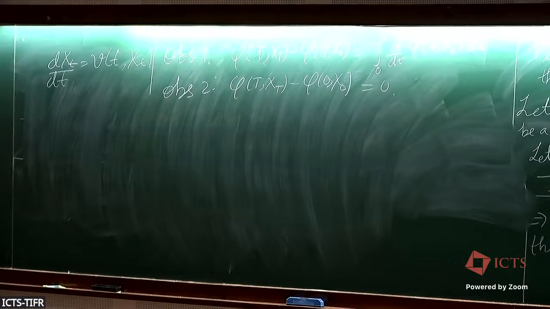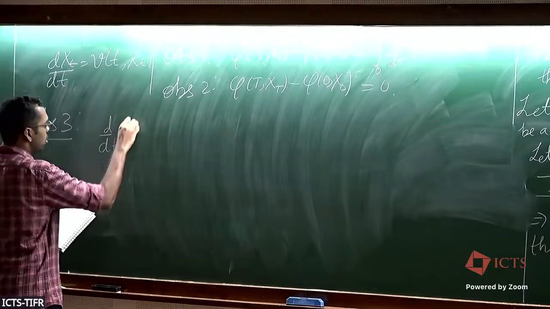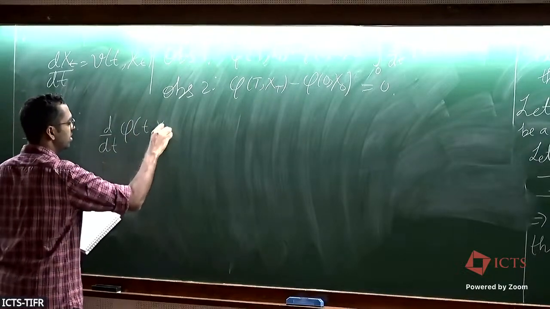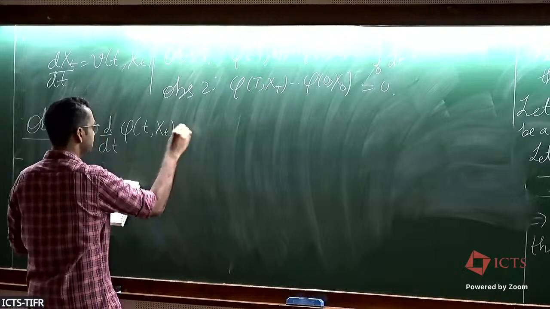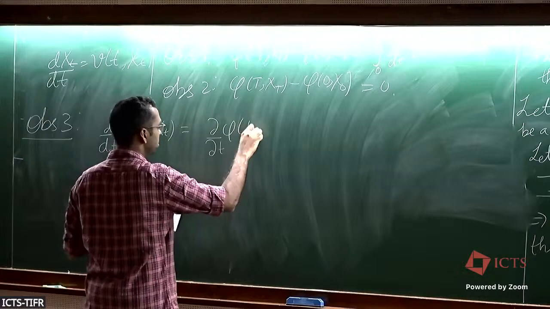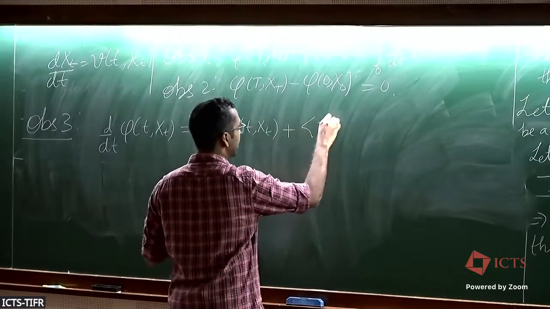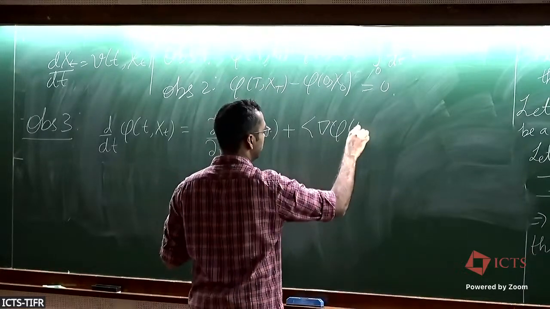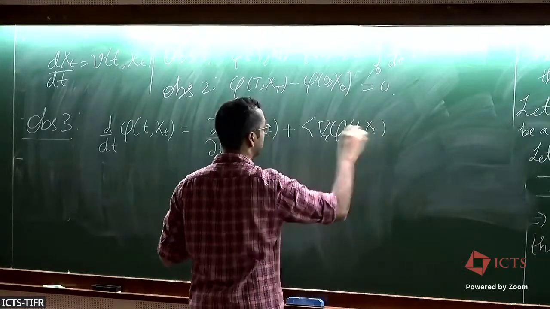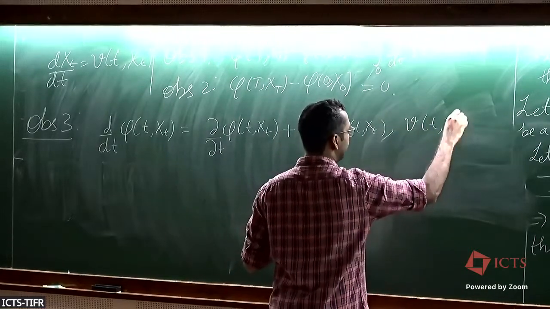Now we'll go to observation 3. This is the chain rule. d/dt of phi(t, x_t) is equal to the partial derivative of phi in t at (t, x_t) plus the gradient of phi at (t, x_t) dotted with b(t, x_t).